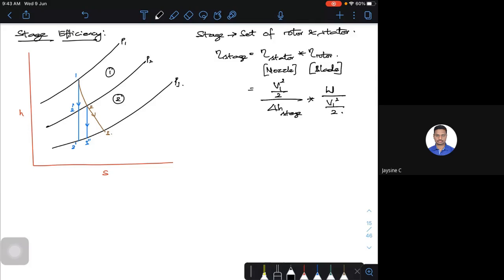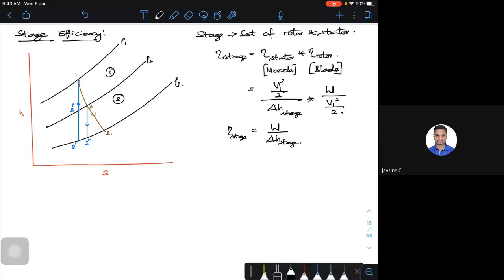Or I can write for the stage efficiency: work done divided by enthalpy drop per stage. Enthalpy drop per stage is the enthalpy drop of the steam between the pressures.